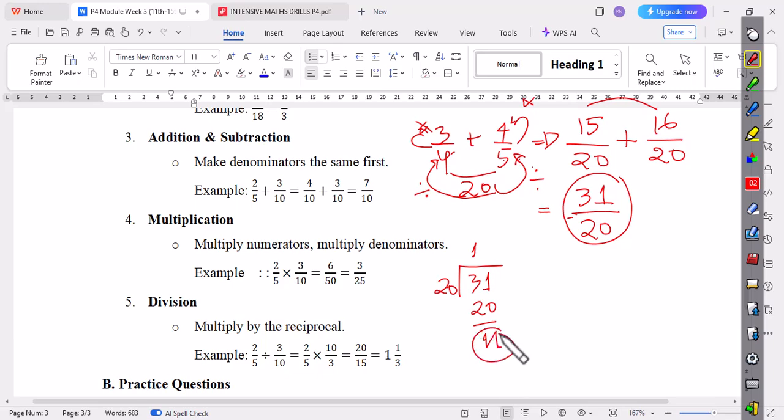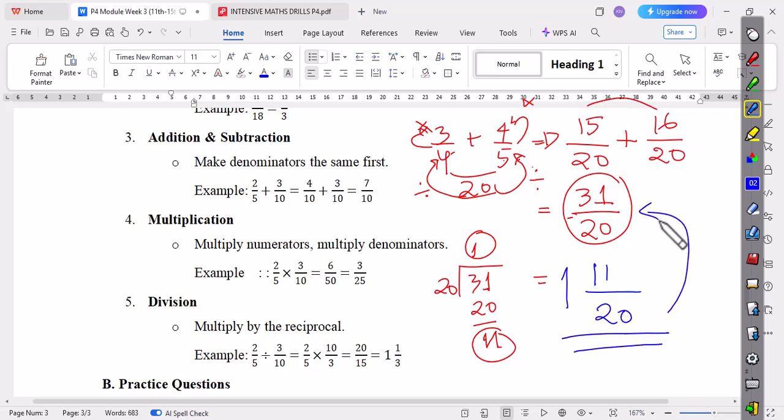This 11 cannot be divided by 20 anymore. So the result we put as a whole number 1, the remainder we put as the numerator, and 20 we put as the denominator. So this is the simplest form of 31 out of 20. We have 1 and 11 out of 20.